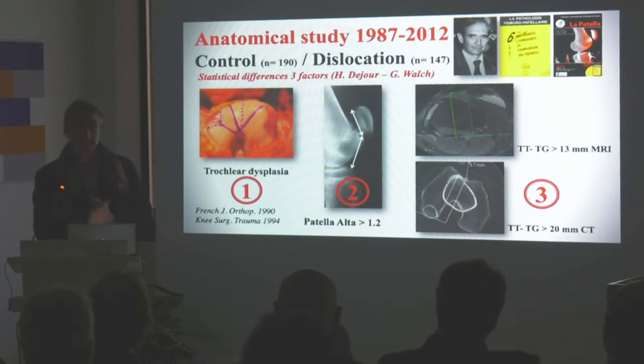Because the patellar tilt is very important, of course, but the patellar tilt is a consequence of the trochlear dysplasia, of the patella alta, and the malalignment. So the tilt is no more an instability factor.